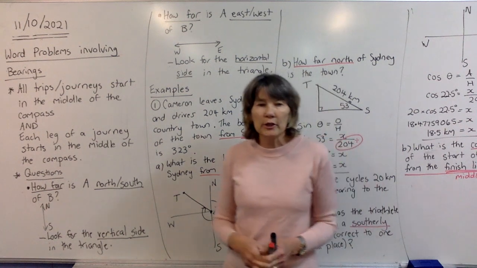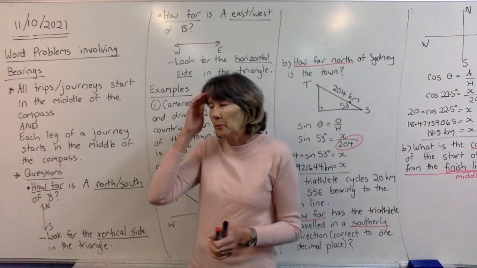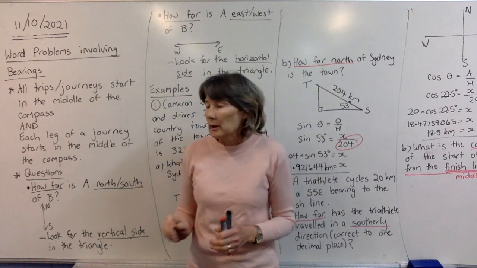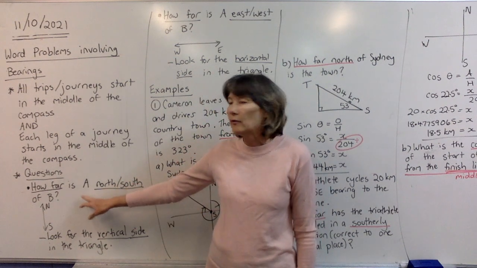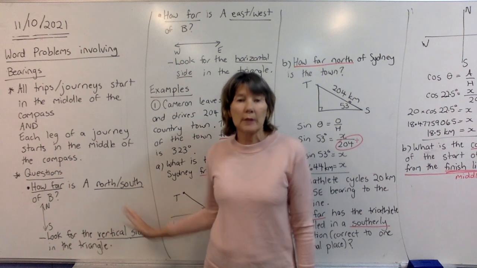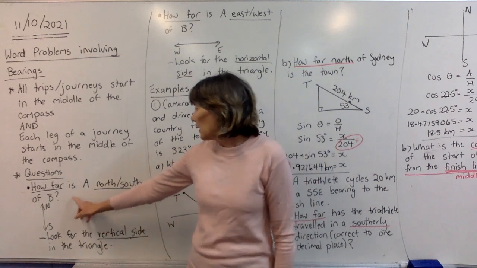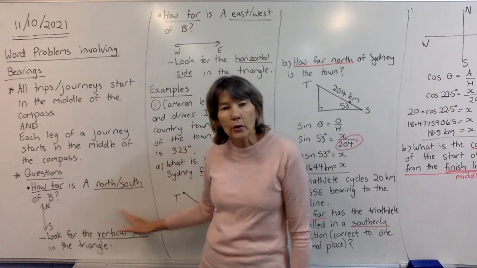There's a couple of questions you're going to come across which a lot of people don't do very well. If you see a question where it says, how far is something north or south of something else, then they're asking for a distance north or south.